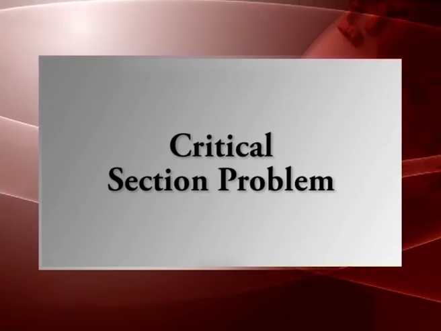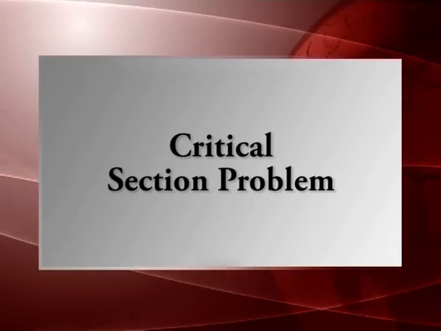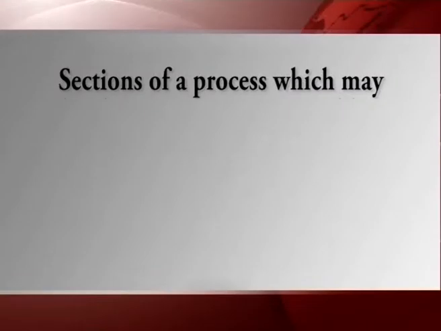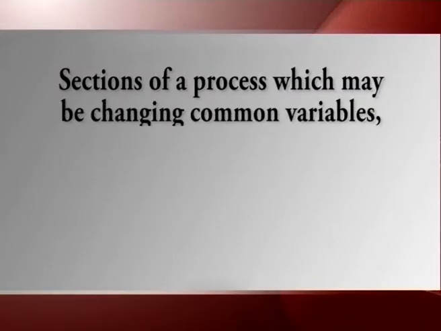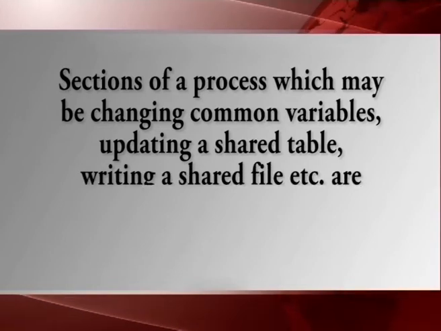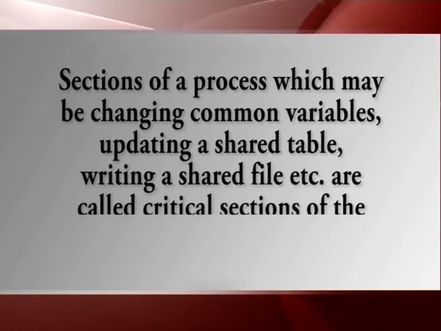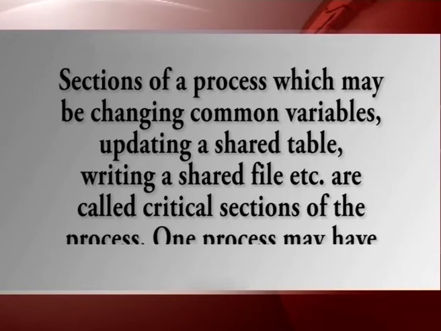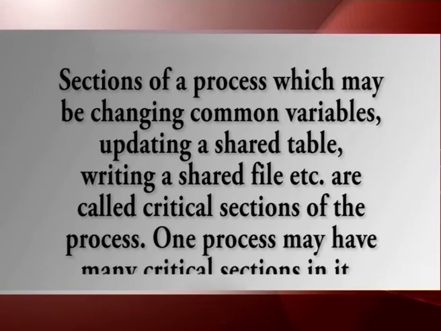Next, we are going to discuss the critical section problem. When shared resources are modified at the same time by multiple processes, data errors or inconsistencies may occur. Sections of a process which may be changing common variables, updating a shared table, writing a shared file, etc., are called critical sections of the process.